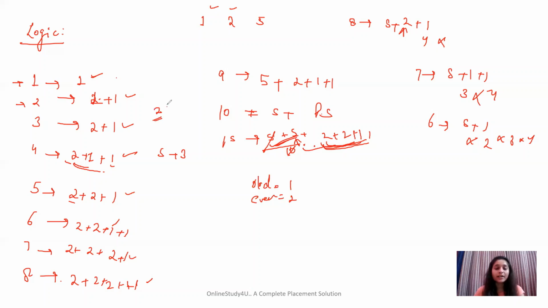And if I divide this 2 by 2, then the value is 1. So I am including one 2 here. So the number of 2s I need to include is found using this: the number I get after excluding the ones, divided by 2, will be the number of 2s.